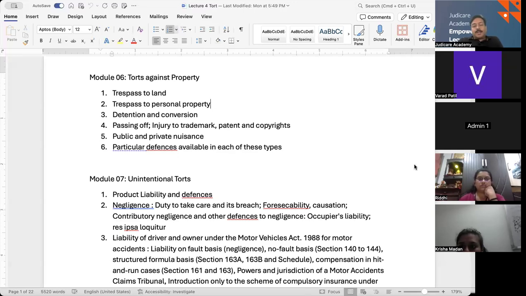In this case, what had happened is, this is a case of detention plus conversion. Moore underwent a treatment for blood cancer, leukemia, during which his doctor harvested Moore's cells without his knowledge. His cells were taken out and harvested without his knowledge. No consent was taken, no information was given.